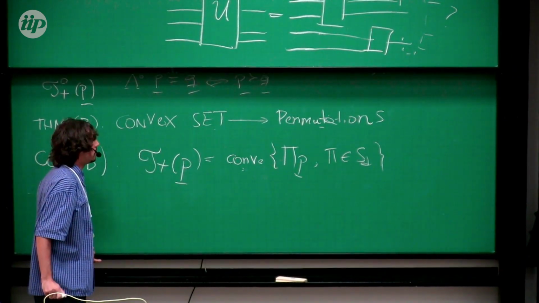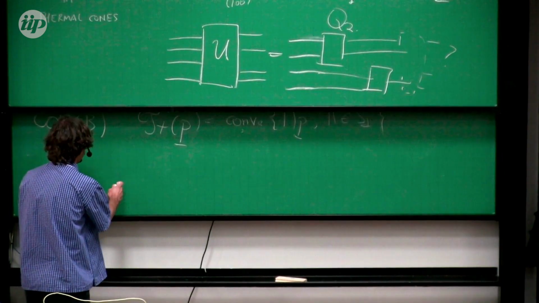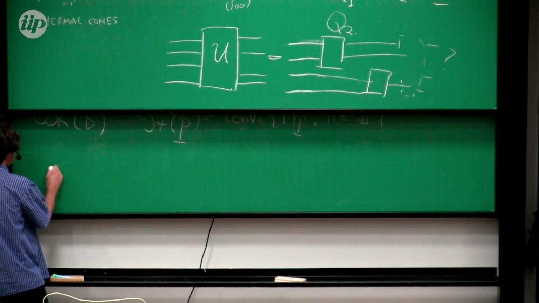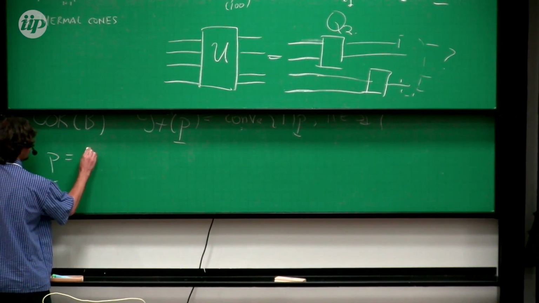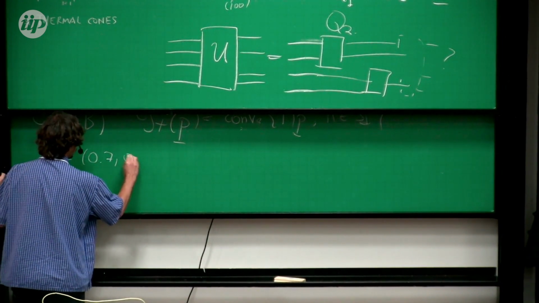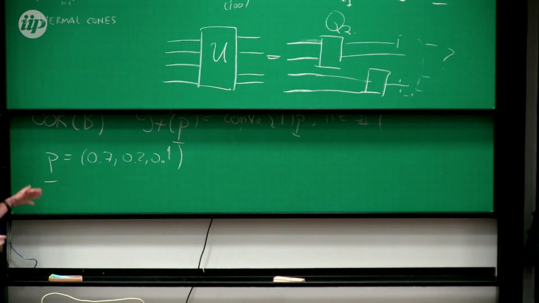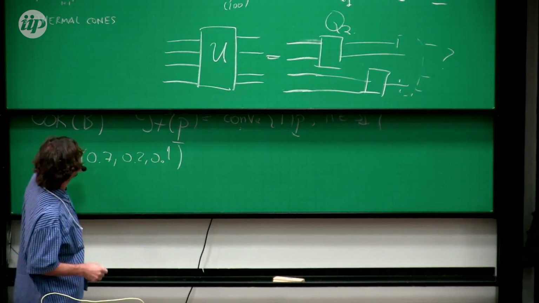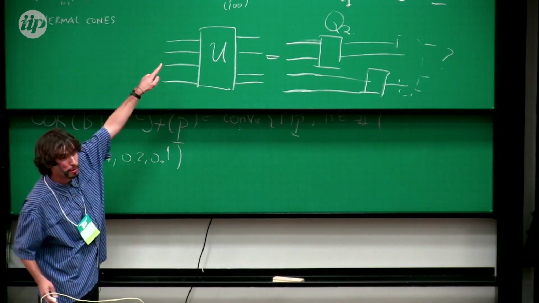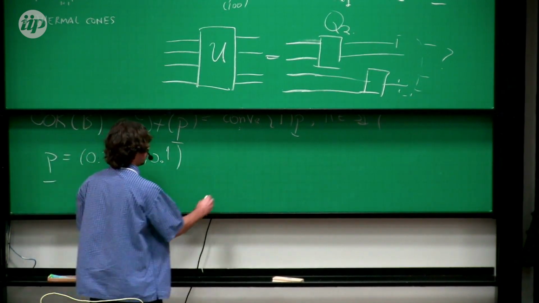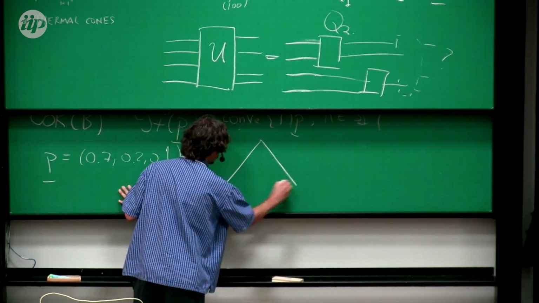So here, let's do the example. The same case that I keep looking at, 0.7, 0.2, 0.1, so a three-level system. And as I put it there, the space of states is the probability simplex, right? So let me just draw the probability simplex here.